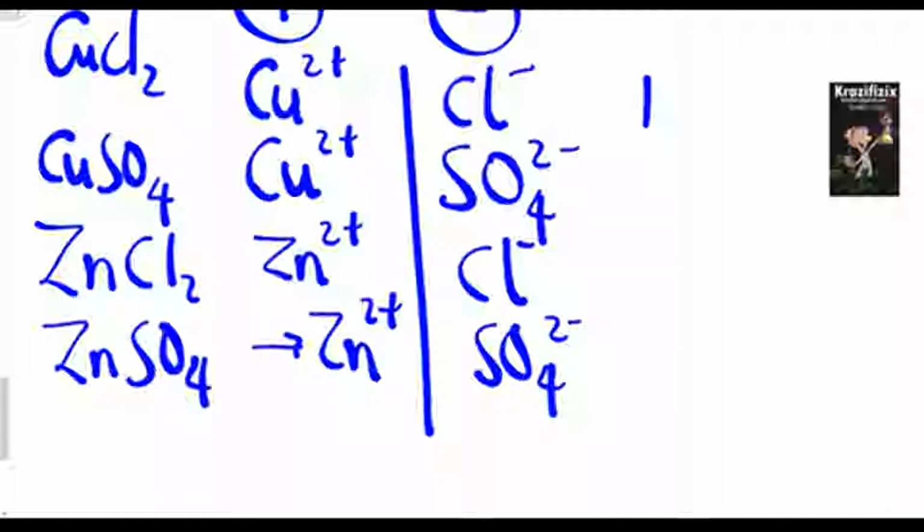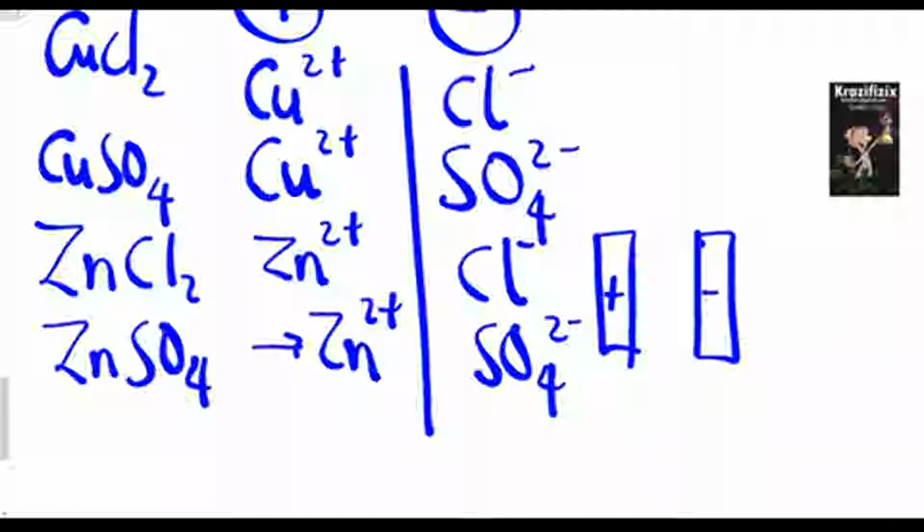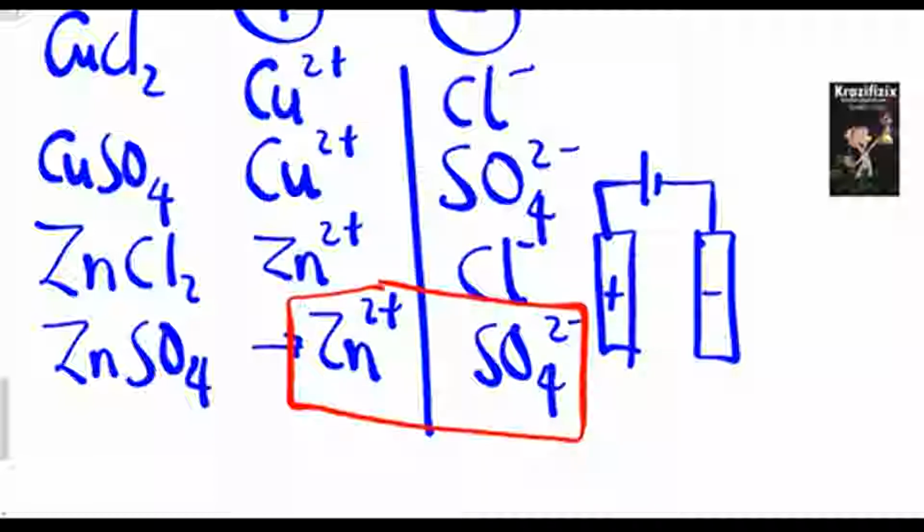But remember that we do have a positive electrode and a negative electrode. Now, when this splits up, let me use this as an example. We know that unlike charges are going to attract.